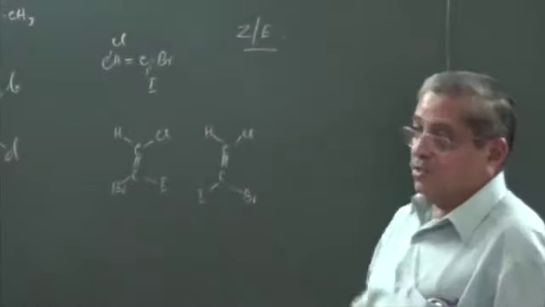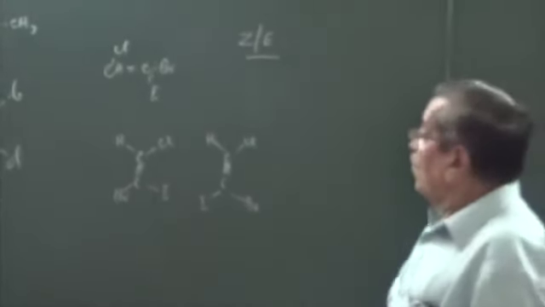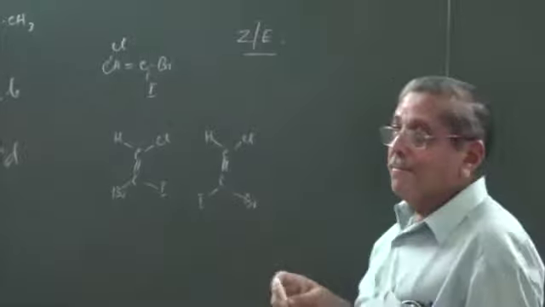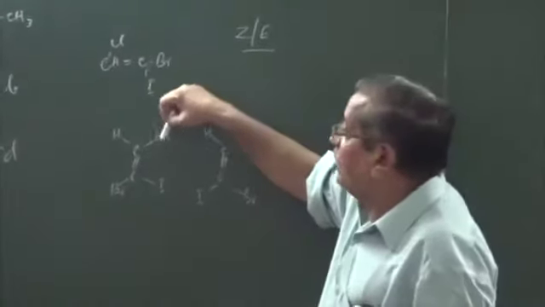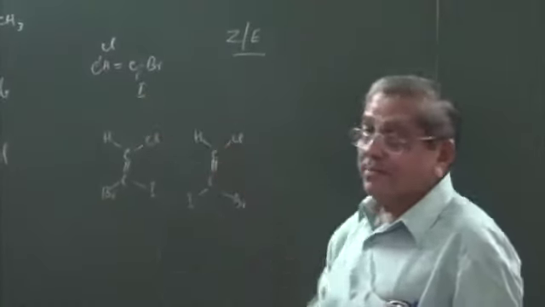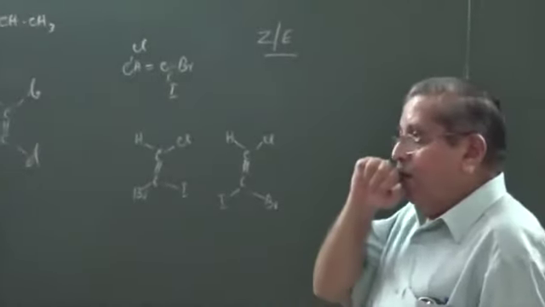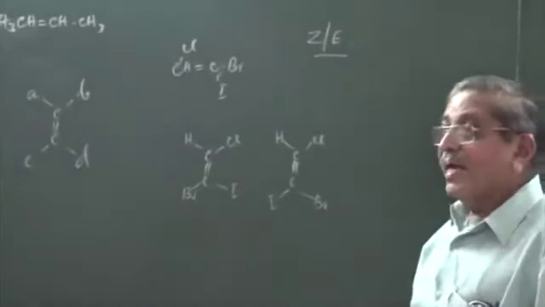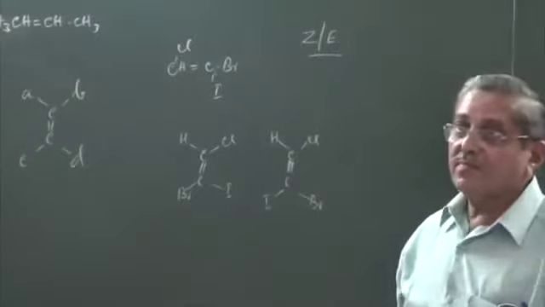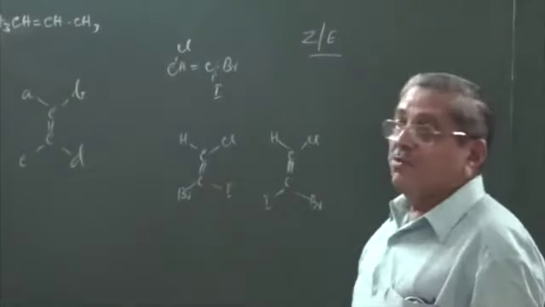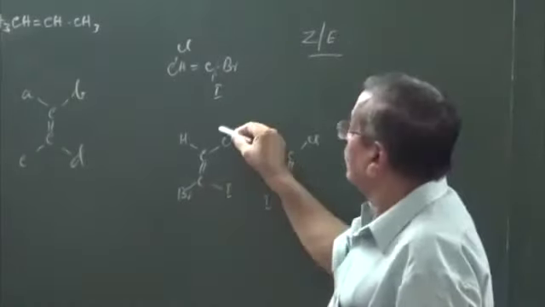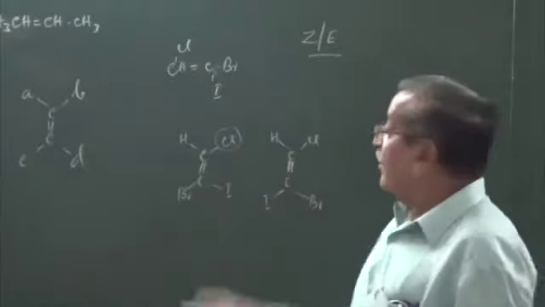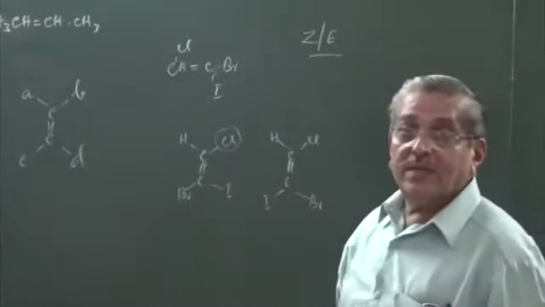Now, we give priority to the atoms joined to the doubly bonded carbon atom. What do you mean by priority? The higher the atomic mass, the higher the priority. So between H and Cl, which is of higher priority? Cl. Between bromine and iodine, which is higher priority?